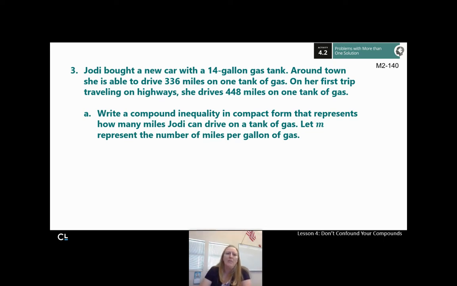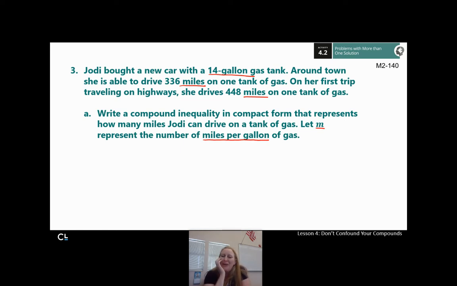We're going to let M represent the number of miles per gallon, because you already see a problem here, right? Because we can see miles, but her tank is in gallons. So see if you can get a little creative and write an inequality that's going to work for that. Notice they said that M is miles per gallon. We might have to use some of these things in conjunction a little bit.